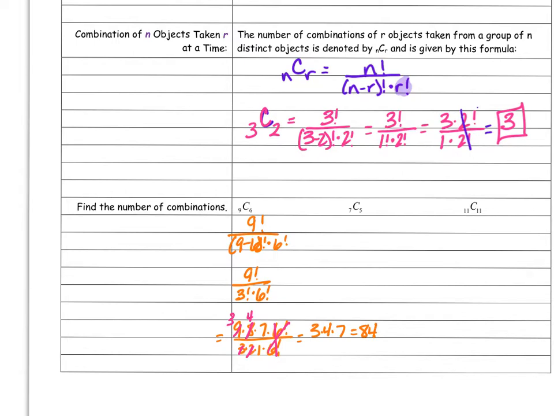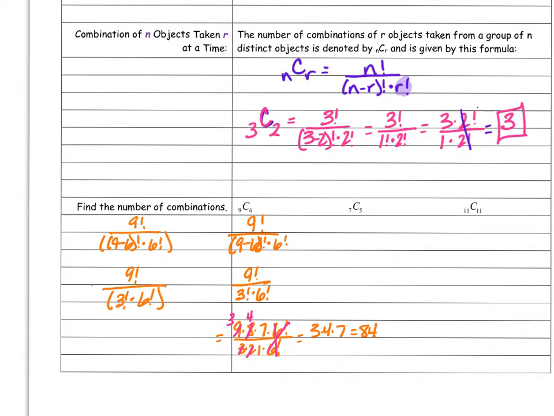So I can put that in my calculator. I am going to show you, however, if you do put this in your calculator, because it already has a parenthesis in there, I'm going to do 9 factorial divided by 2 parentheses. So I have the inner one, 9 minus 6 factorial times 6 factorial, or I could put 9 factorial and then 3 factorial times 6 factorial, because I'm pretty sure you can do the subtraction in your head, 9 minus 6.